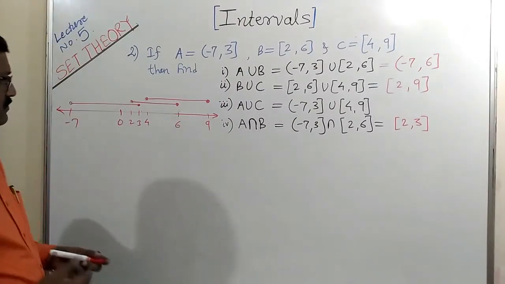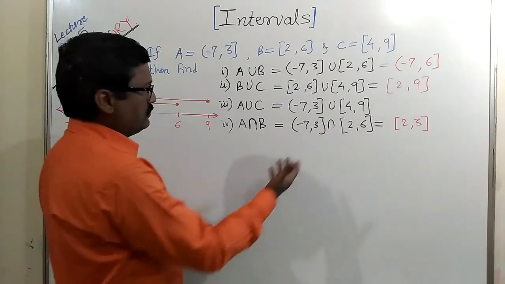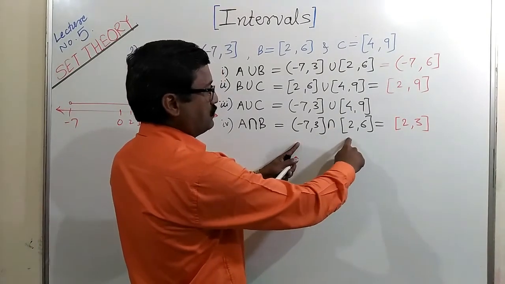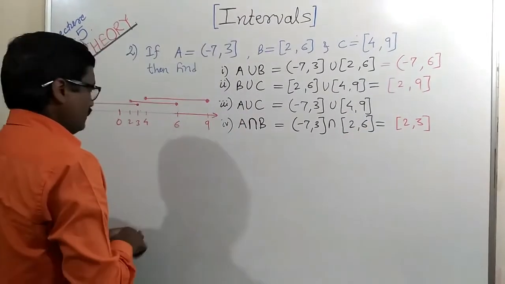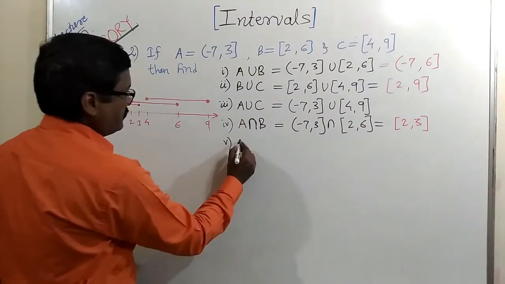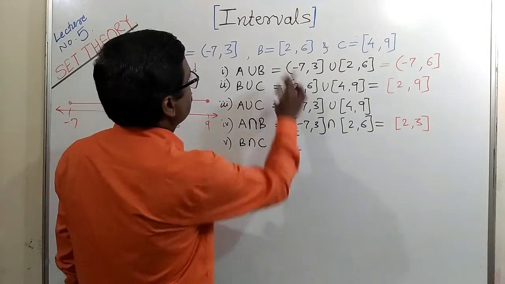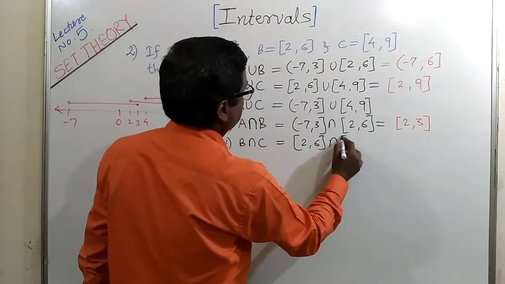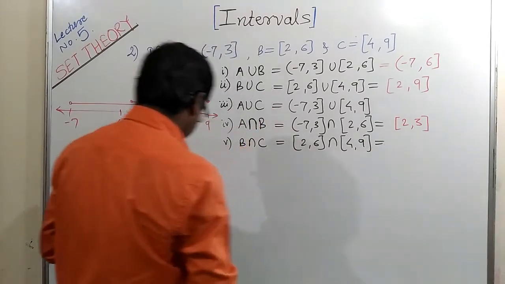Is it okay? From the figure you can easily write the conclusion. Or if you understand these numbers, minus 7 to 3, then again starting from 2 to 6, so the 2 to 3 portion is common. So the answer will be that. Let us see the fifth one. B is 2 to 6, intersection C is close interval 4 to 9.